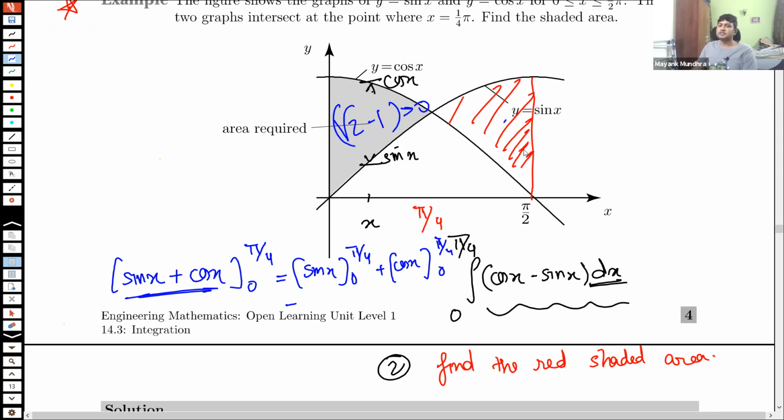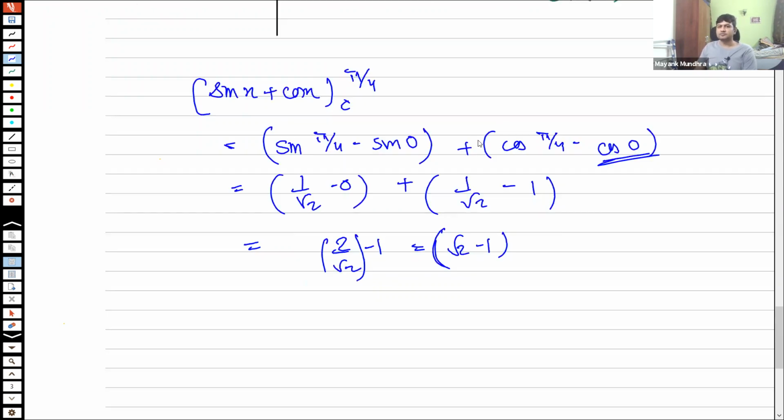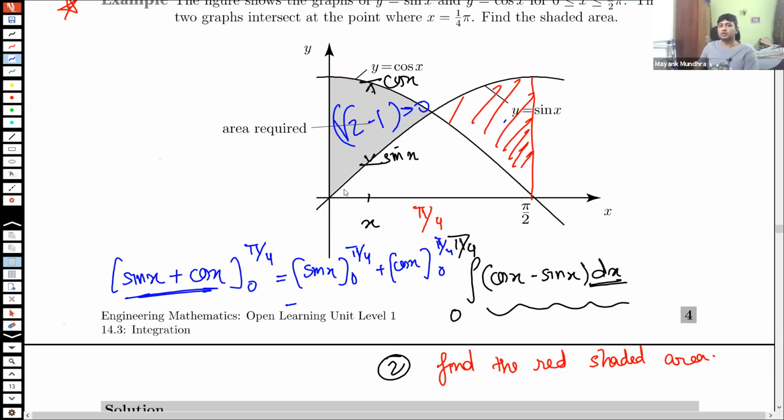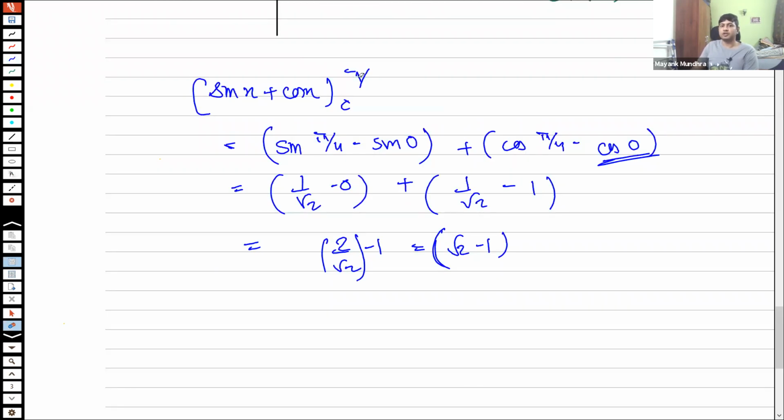Now, when I'm solving this area, one mistake which a lot of people make is, since you're going from 0 to pi by 2 here, they put limits as 0 to pi by 2. Now, when I do that, sine pi by 2 is 1, cos pi by 2 is 0, minus 1.